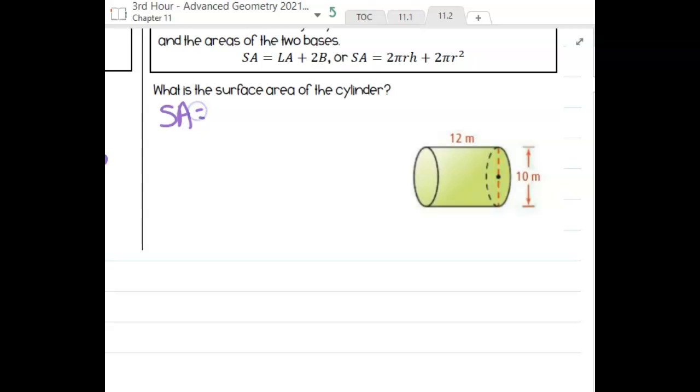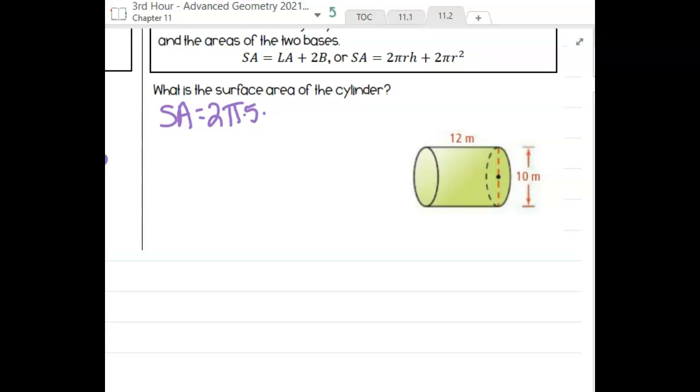To find the surface area, we are going to take 2 pi r. What's the radius? 5, times h. Now the h is the height of the cylinder.